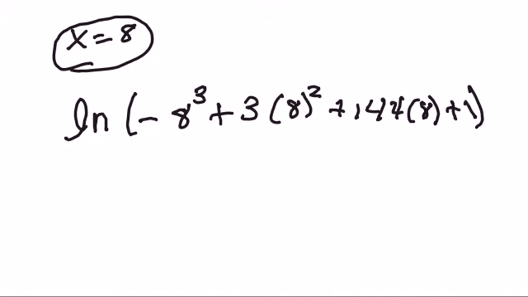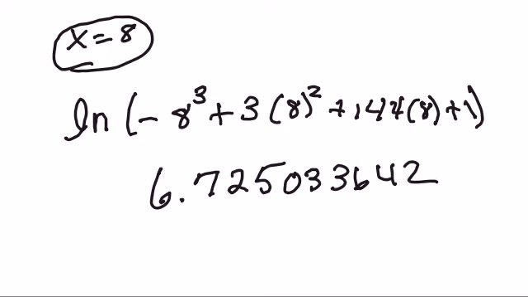When you plug this in, you end up getting 6.7250333642. So that's all my digits on my calculator.